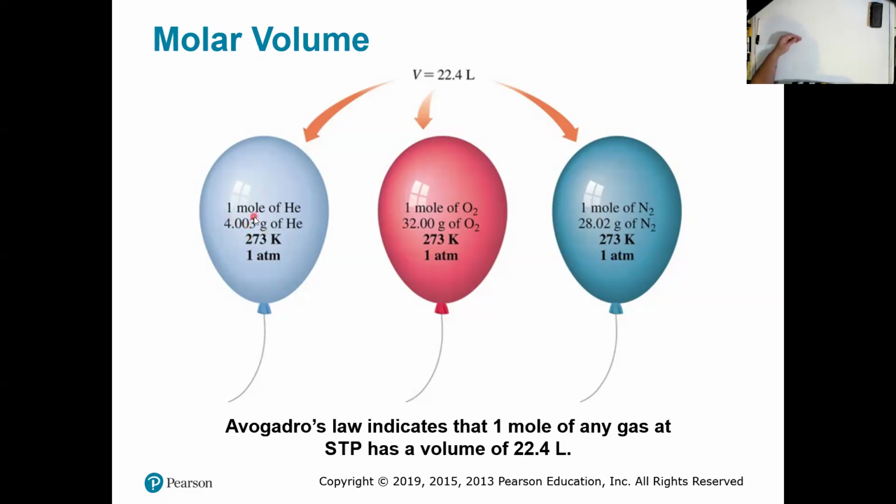So 1 mole of helium gas is equal to 4.003 grams of helium. 1 mole of helium is going to take up the same amount of space as 1 mole of oxygen gas, even though oxygen gas is 32 grams per mole. So 1 mole of any gas, as long as we're at standard temperature and standard pressure, is going to take up the same exact volume, and that volume is 22.4 liters.